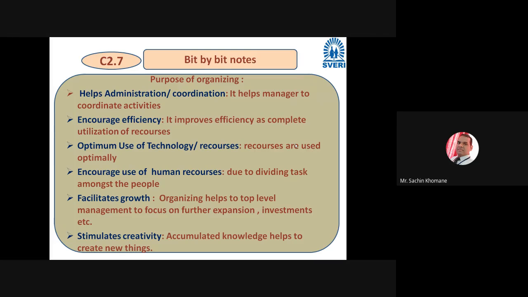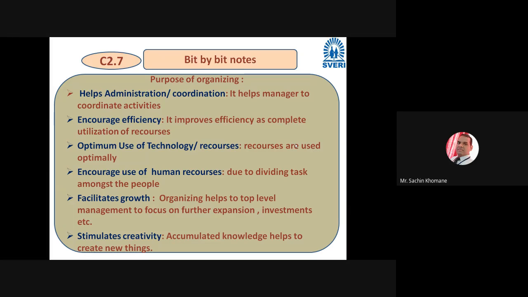The next one is optimum use of technology and resources. Resources are used optimally. How? Because you have given required resources only. As a manager, you grouped the tasks and you allocated required resources only. 10 people, if they need 1 liter coolant, 10 machinery, right? 1 liter, 2 liter, 10 liter upper machinery like that.